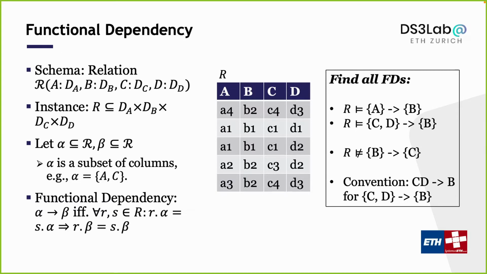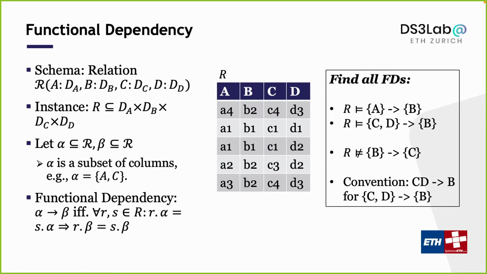The way to check it is you look at every single pair of tuples and see, can I find a pair that shares the same value on C and D but has a different value on B? If that is the case, then this doesn't hold. If you enumerate all the pairs and find none, then it holds.